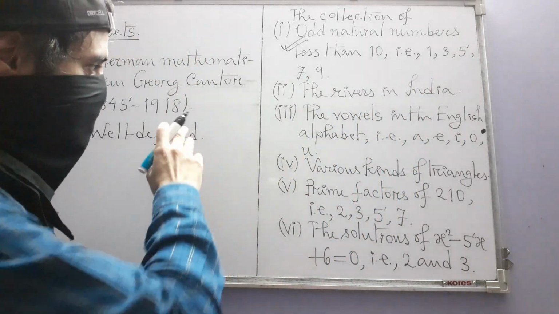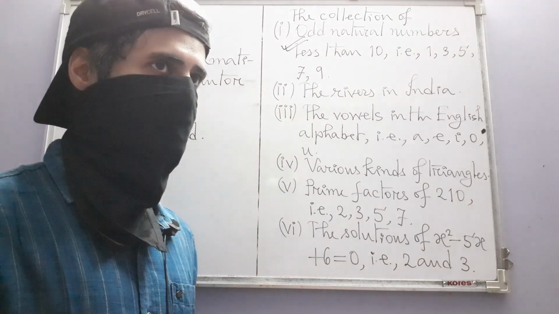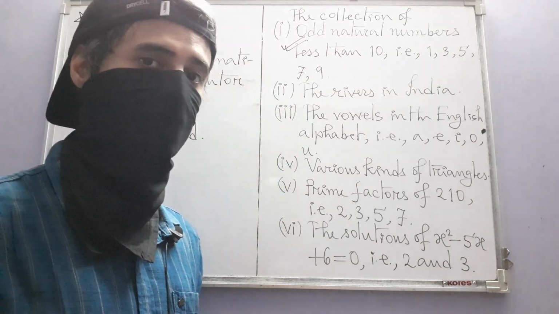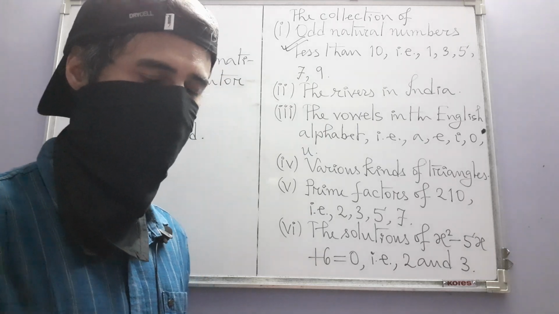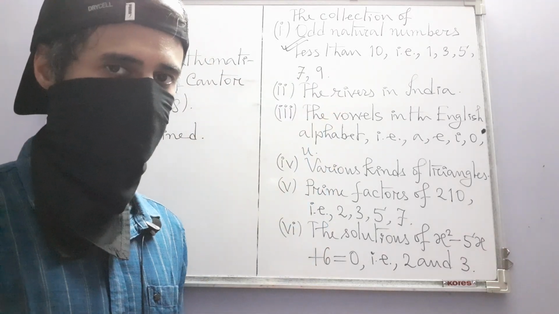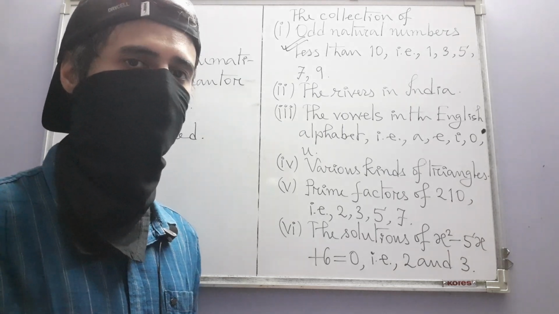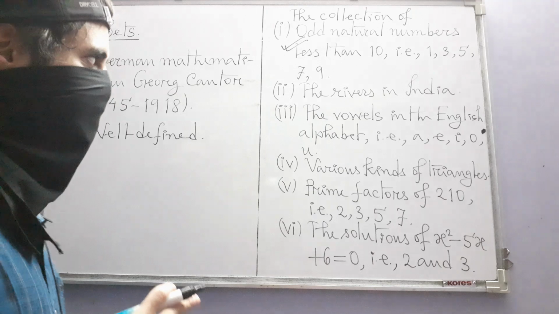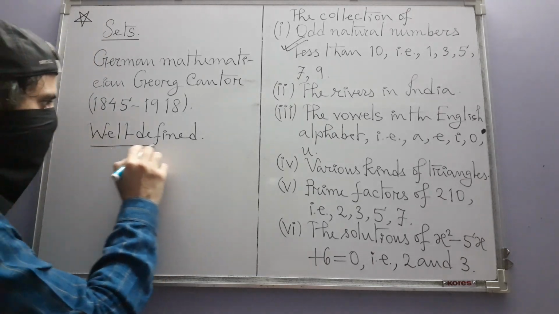So, this collection is well defined in the sense that I know precisely what the objects in this collection are. And as a result, I also know what objects do not belong to this collection. In other words, I know the collection fully without any confusion. In that sense, it is well defined.